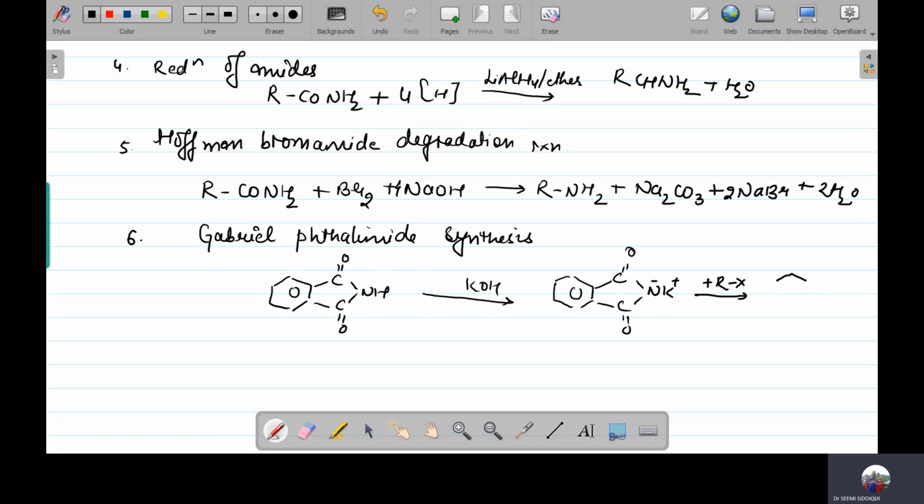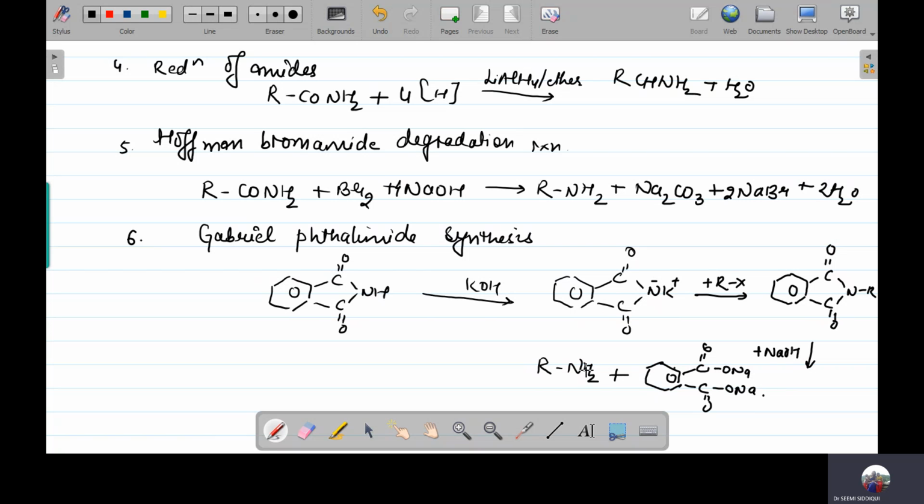Your potassium is going to be replaced, and then in the presence of NaOH, we get sodium salt of phthalic acid plus your primary amine.